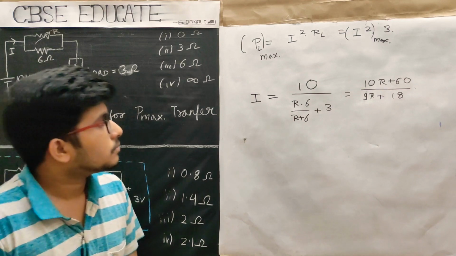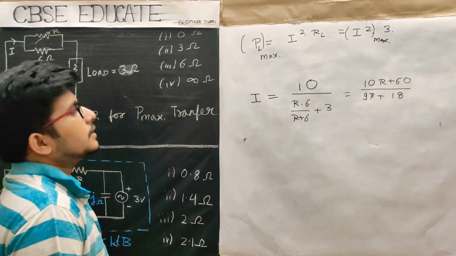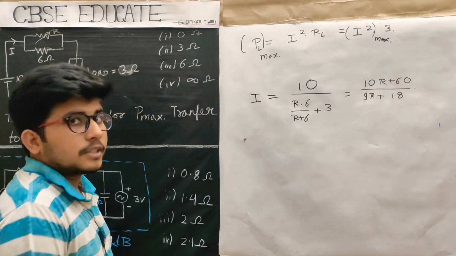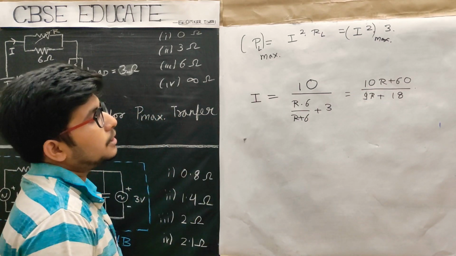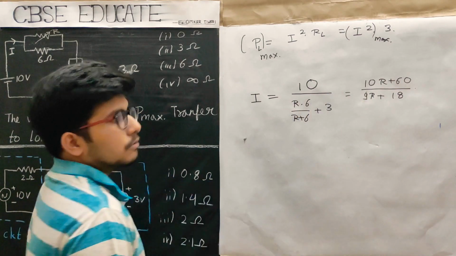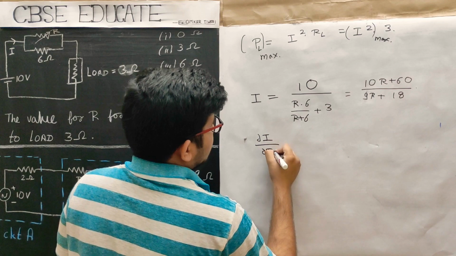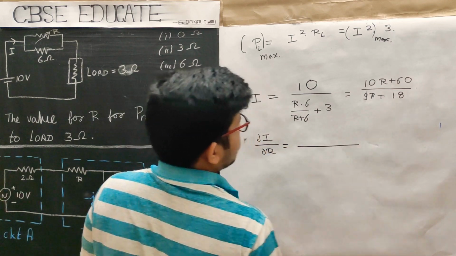You can see now I is equal to this equation. For the maximum value of current, you may differentiate this. So let me differentiate. del I by del R is equal to what?